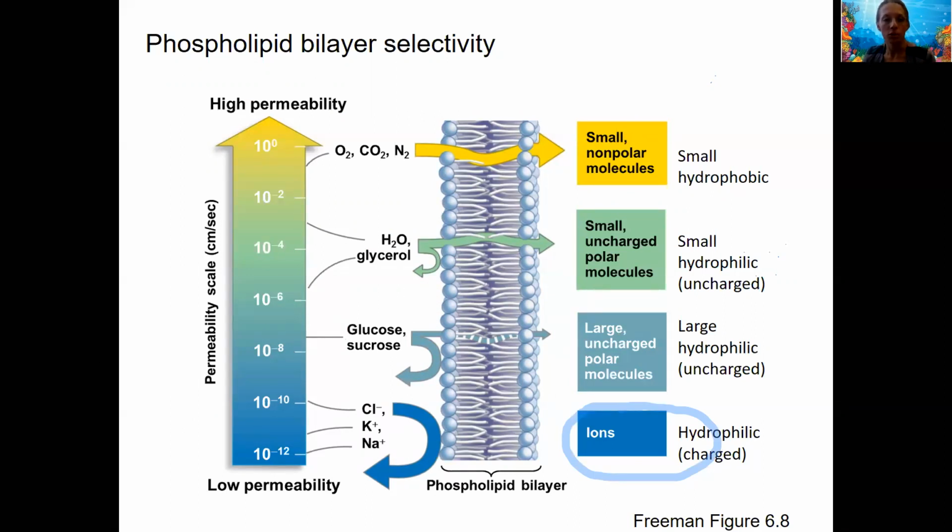We need a membrane protein. That's going to change the permeability of our membrane, and that's good. It's important. We need to be able to get things in some cells when we want to. Again, membrane permeability means allowing things to go through. High permeability means it allows that to go through.